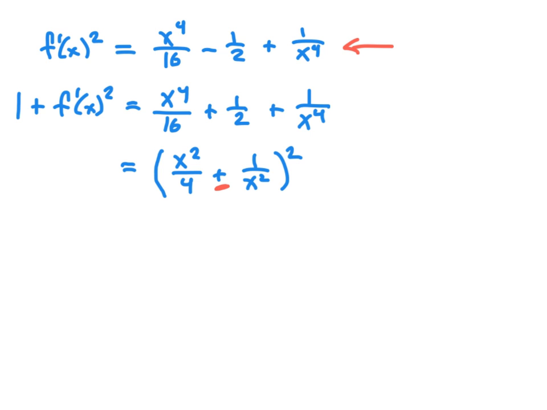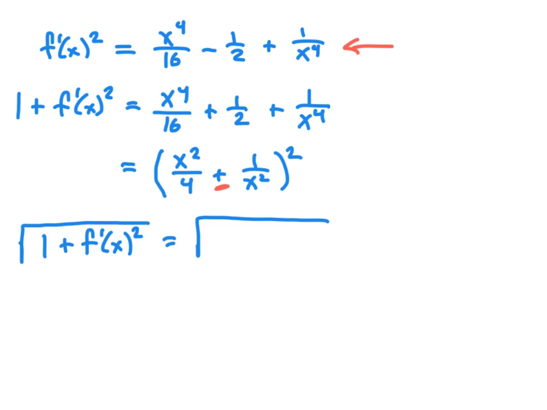Well, once we have 1 plus f prime of x squared being a perfect square, then we're actually absolutely set for our integral, because the integrand of our function is the square root of this expression, 1 plus f prime of x squared.